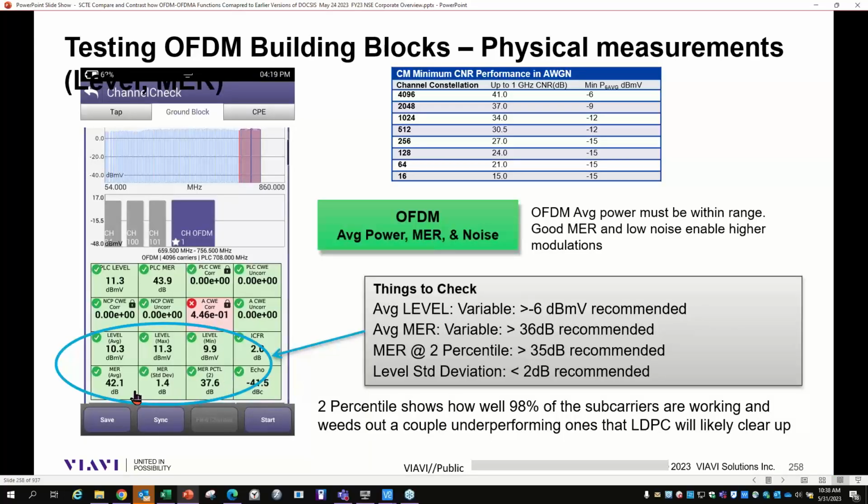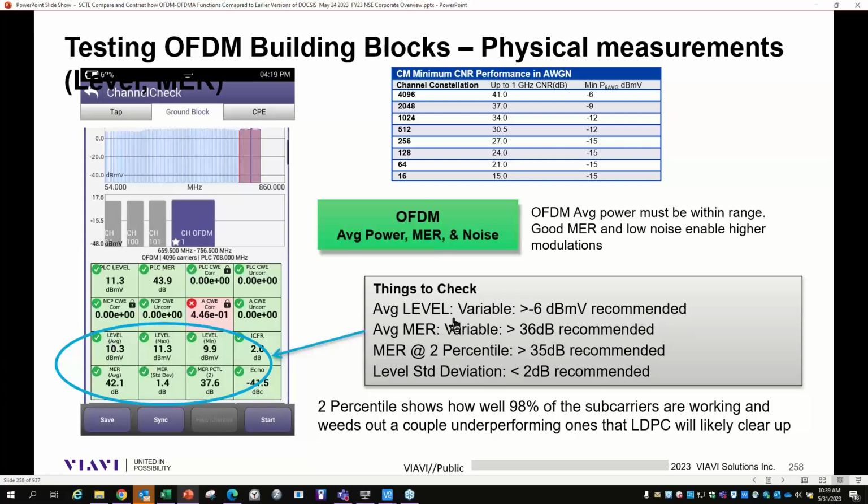So when we look at the levels, we're given such a large carrier, right? We have the average, the max, and then the minimum. Remember, it's 96 megahertz wide, 192 megahertz wide, for example, and then we verify the in-channel frequency response. The recommended level for this carrier is greater than -6, right?